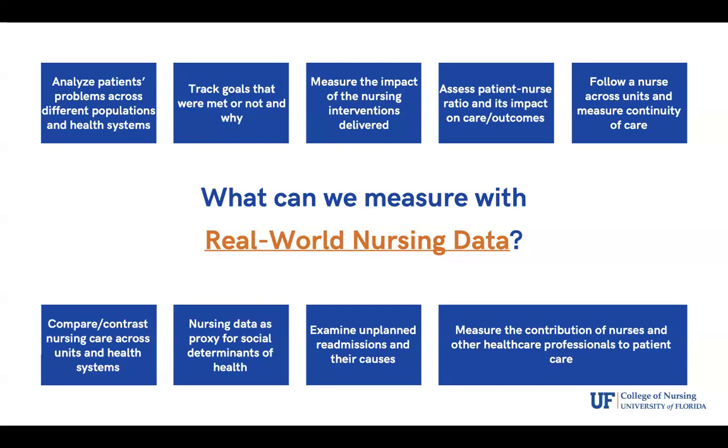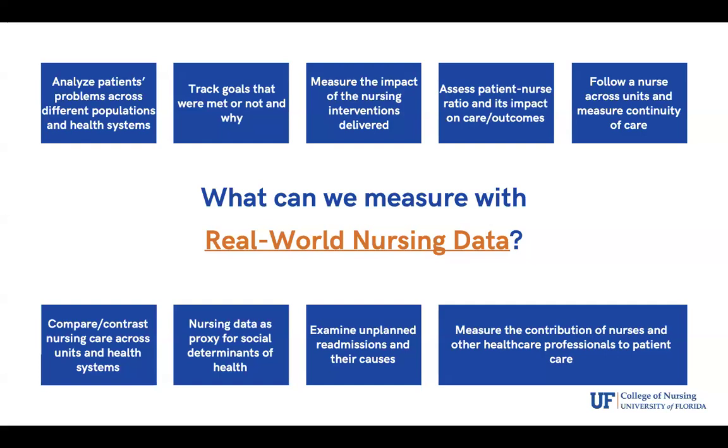It also enables us to assess patient-to-nurse ratios and their impact on care and outcomes, because we have all of that metadata along with the nursing care plan data. So you're not only including in your models what nursing diagnoses were documented for that patient, but you're also including all of the different nurses that provided the care. What was the shift length for those nurses? What was the continuity of the care?